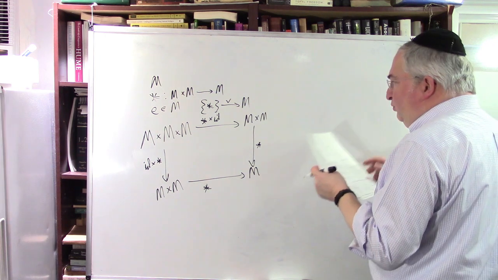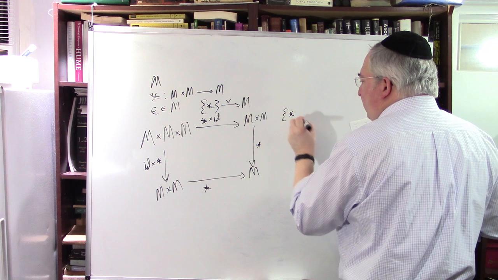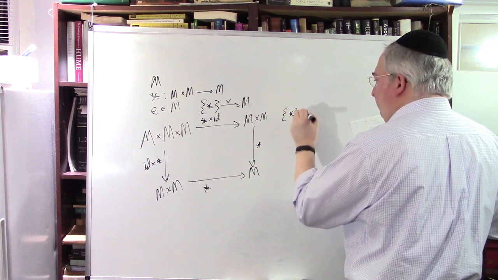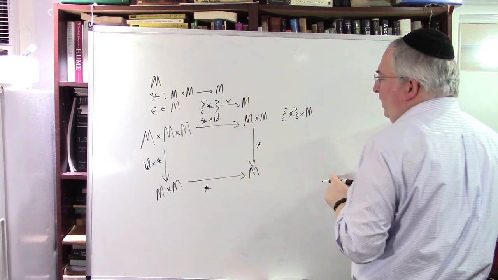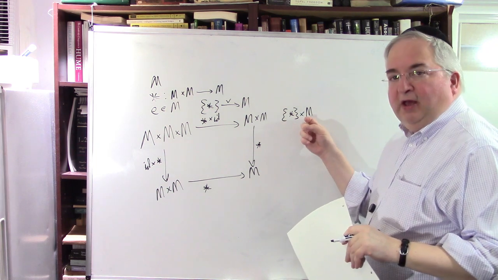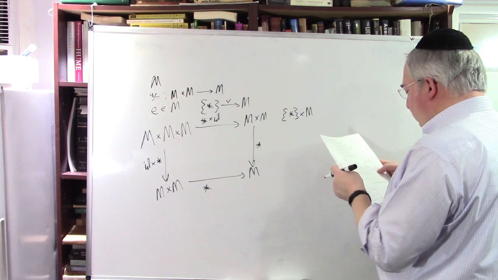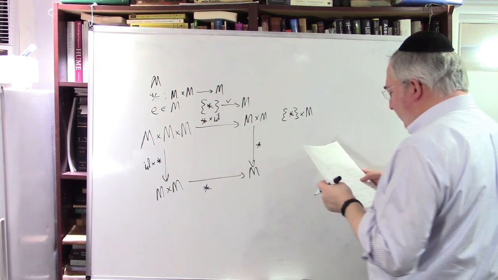And now let's do the unit. Let's be a little bit more careful with the unit. It goes as follows. This is a set with one element. This is a set, this is what the monoid is.